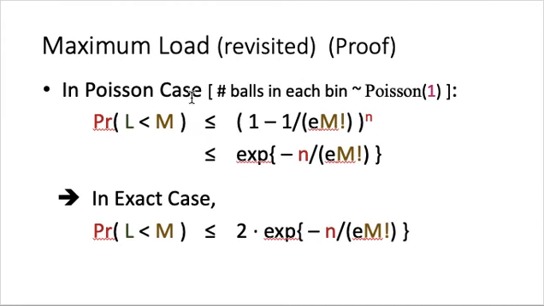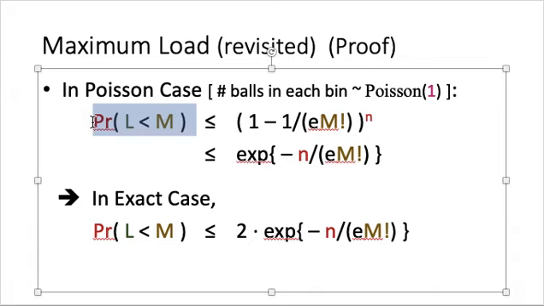And again, in the Poisson case, we can analyze the probability that the maximum load is less than M. Now notice that in the Poisson case, all the bins are independent of each other, so this probability is easy to compute. It will be equal to the chance that every bin has less than M balls.